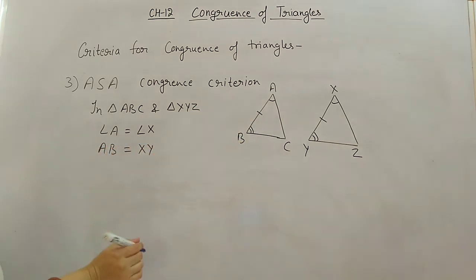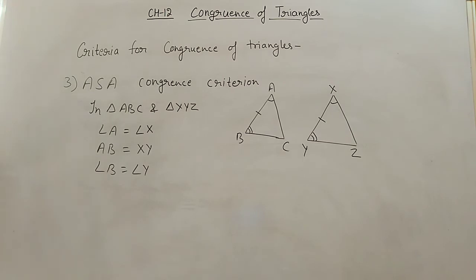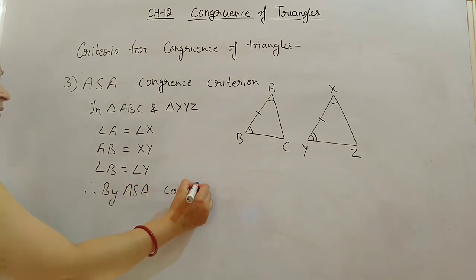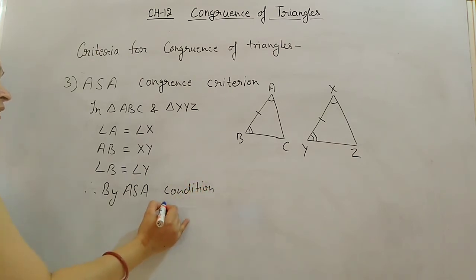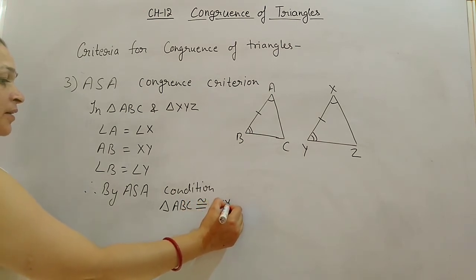Here also the same type of marking is there. And angle B is equal to angle Y. Both the angles have the same type of marking. So we can write, therefore, by angle side angle condition, triangle ABC is congruent to triangle XYZ.